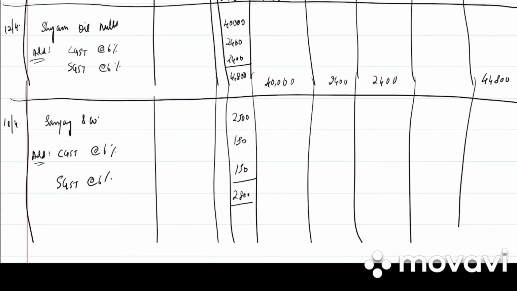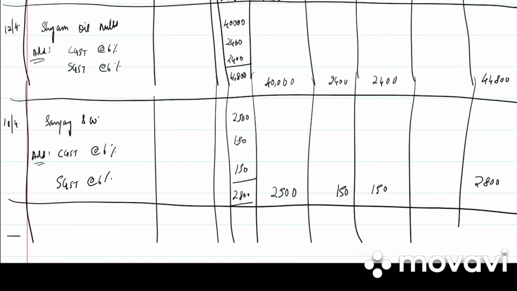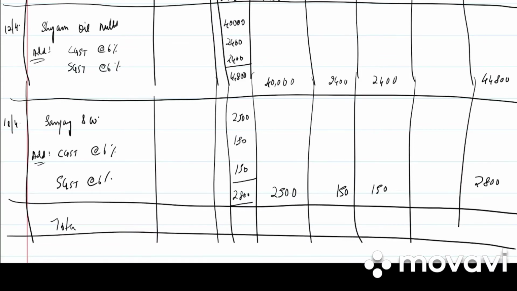So under sales return we have 2,500, 150 CGST, 150 SGST, 2,800 in the total column. Last we have total column, sales return 47,600, 2,856 is CGST, 2,856 is SGST, 53,312 will be the total column.